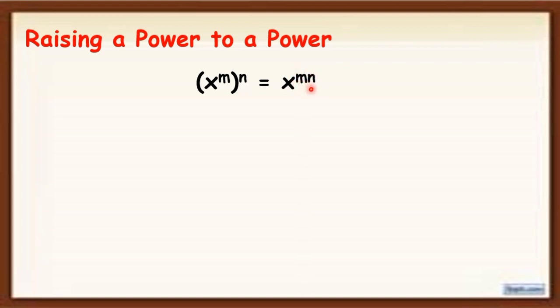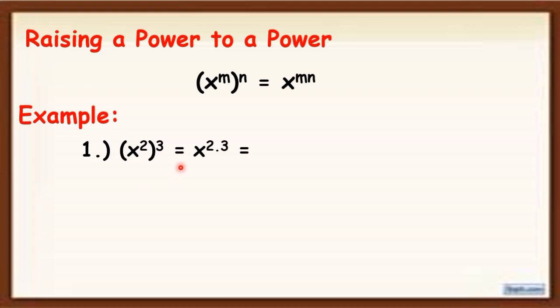Okay, remember, you are going to copy the base and multiply the exponent. So for example, we have x squared, quantity cubed. First, you are going to copy the base, which is x. Then you are going to multiply the exponent, which is 2 and 3. So the final answer is x raised to 6 because 2 times 3 is equal to 6.